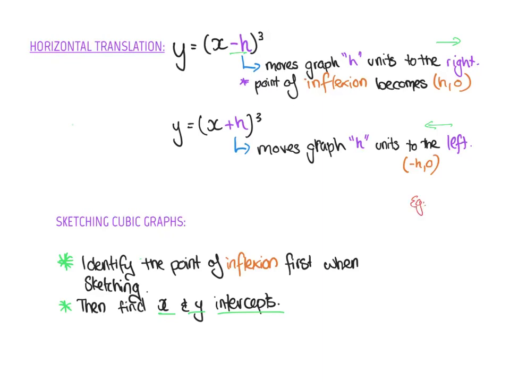If we had (x + 2)³, that would move the graph to the left. If you're quickly sketching that, remember a basic one looked like that. Then we've moved it to the left 1, 2. So we would see it doing something like that.